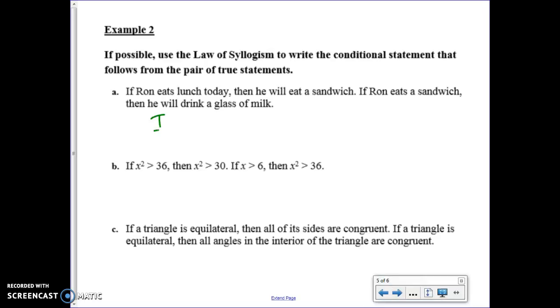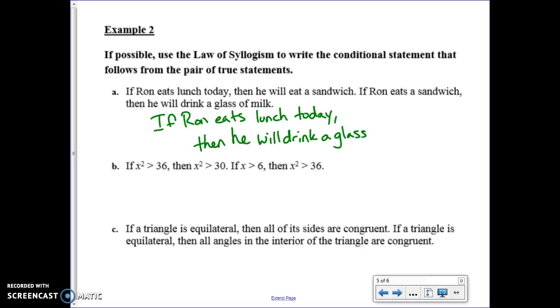So if Ron eats lunch today, then we know he's going to eat the sandwich. If he eats a sandwich, he will drink a glass of milk. So essentially we were able to take out one conclusion and one hypothesis to get to that leftover statement.